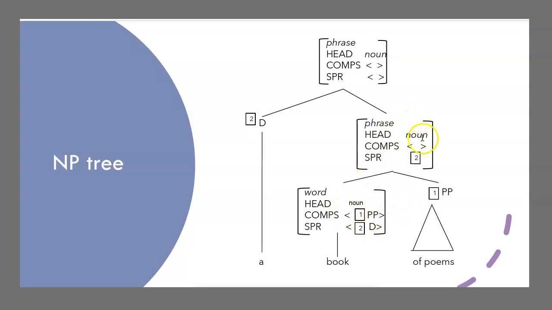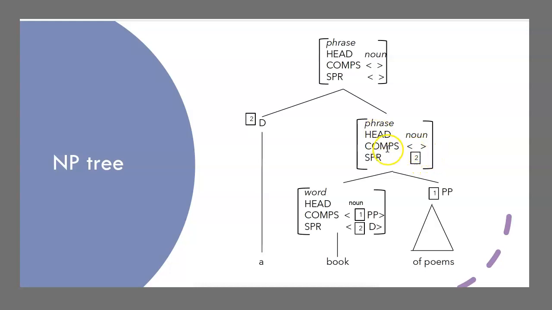So by that rule, this is a legitimate phrase, right? And the comps value is saturated. What is unsaturated? The specifier value is unsaturated. So this is not a complete phrase. A complete phrase is a saturated phrase.